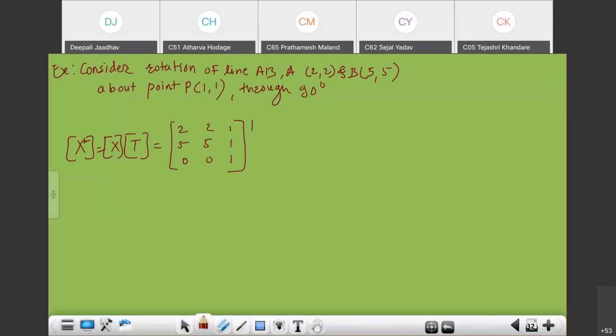Multiply it with the first transformation matrix, minus m minus n, that is minus 1 minus 1. The second transformation matrix, rotate it through 90 degrees: 0, 1, minus 1, 0.